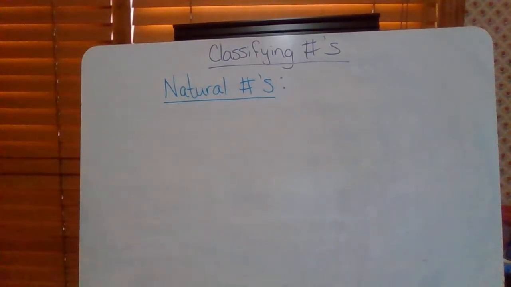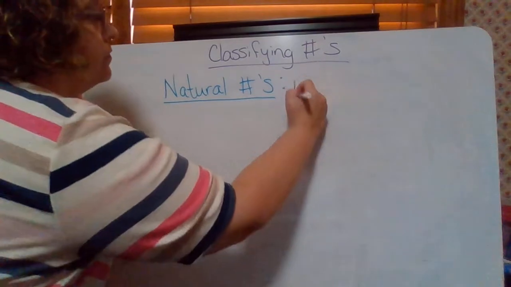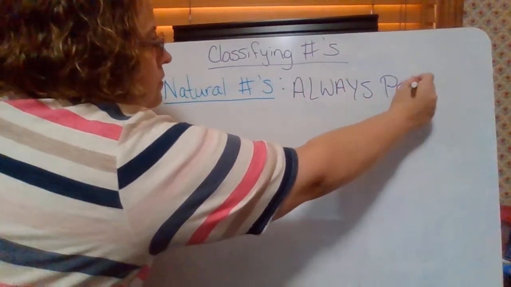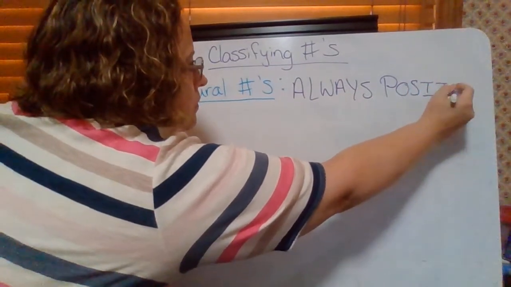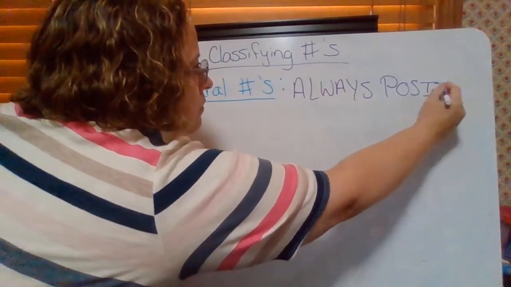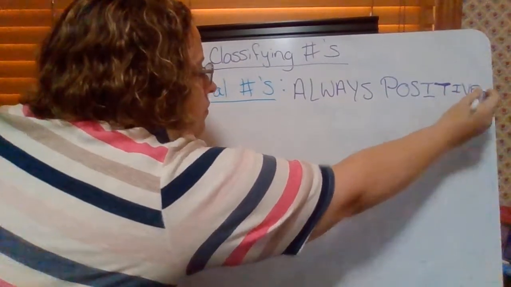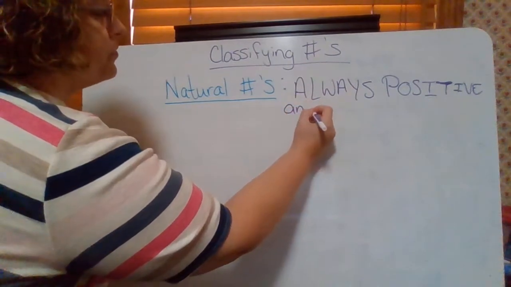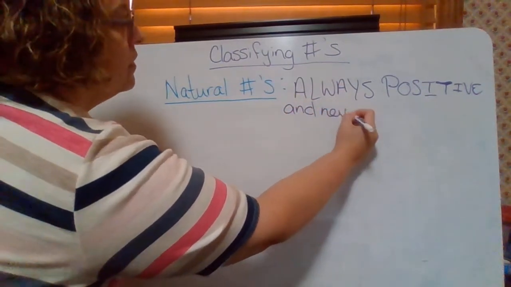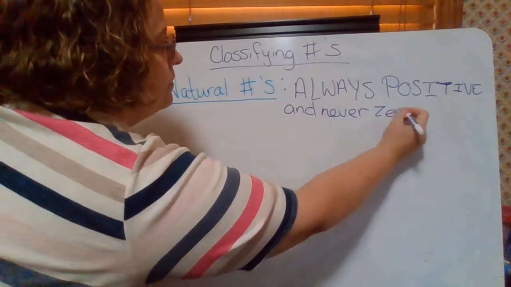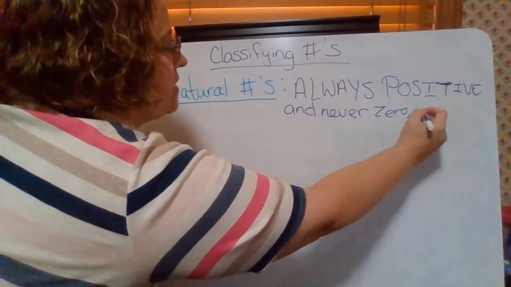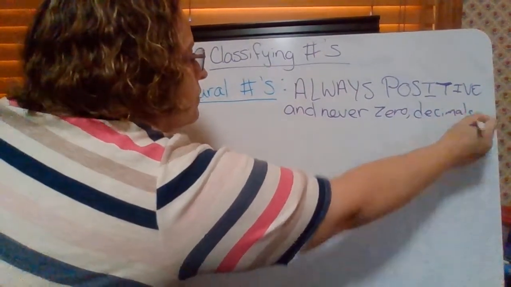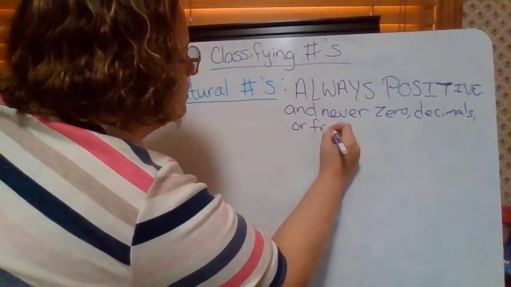Natural numbers are always positive, always positive and never zero, decimals, or fractions.